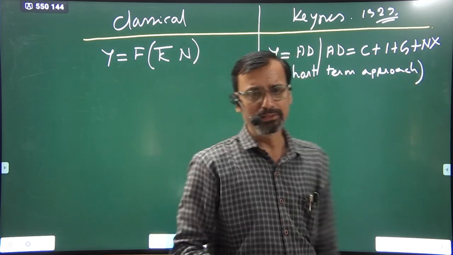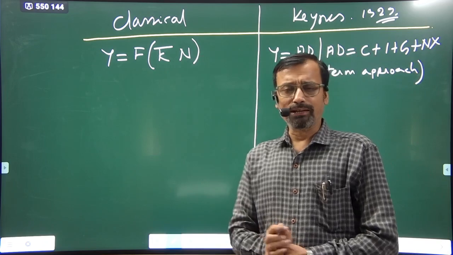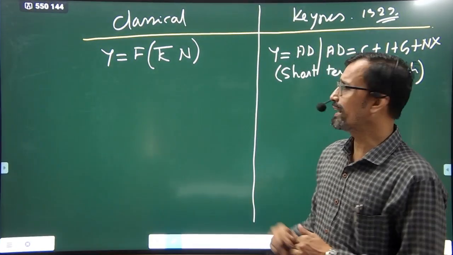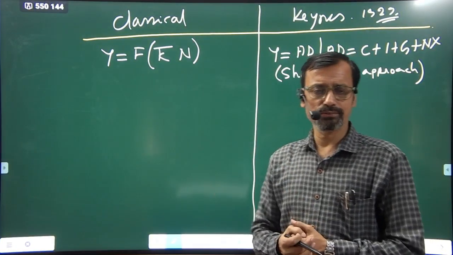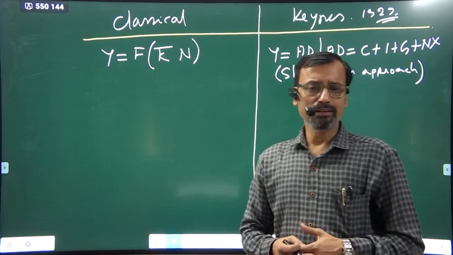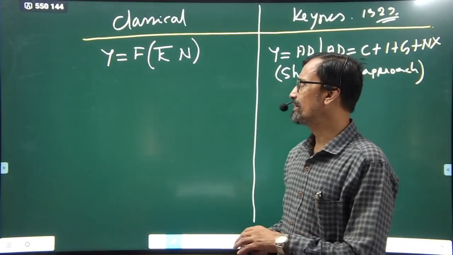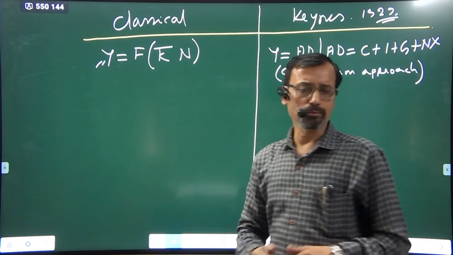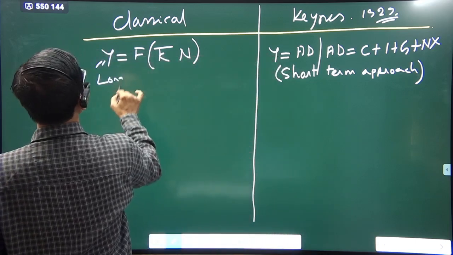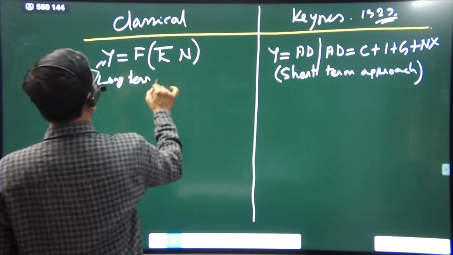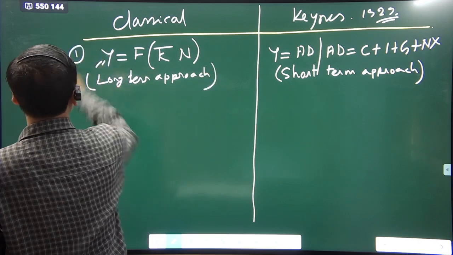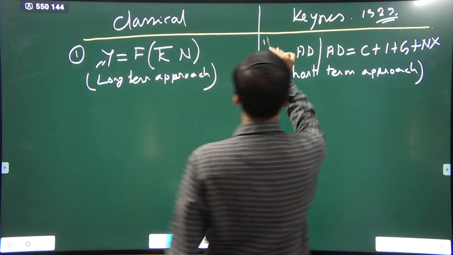On the other hand, as per the classical model, in the long run, when we enhance the magnitude of capital stock, when there is improvement in technology, and the number of employed persons increases, this is how national income will increase. This is the long-run approach. This is the fundamental difference between these two.